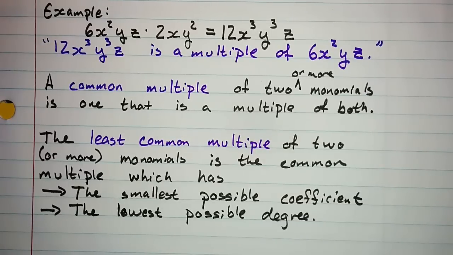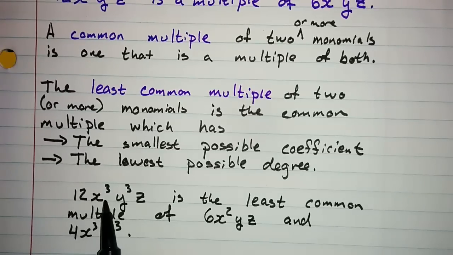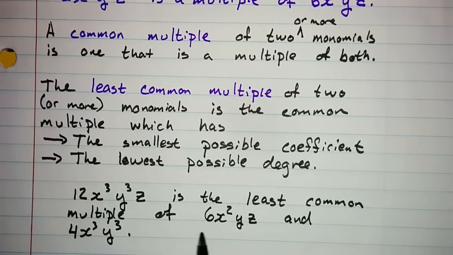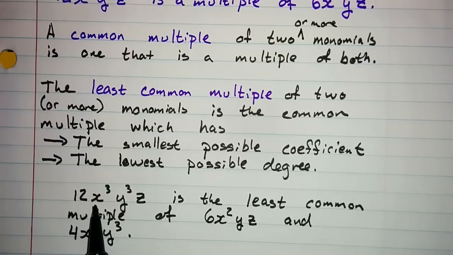So let me give you an example. The monomial 12x cubed y cubed z is the least common multiple of 6x squared yz and 4x cubed y cubed. Why? Well, the number 12 is the least common multiple of the numbers 6 and 4. And then if the degree of x here was any lower, it wouldn't be a multiple of this monomial.